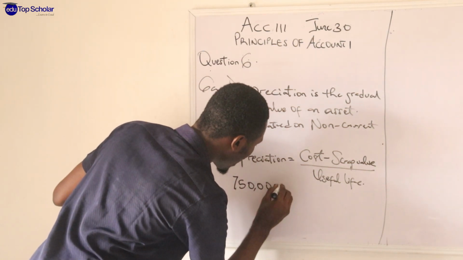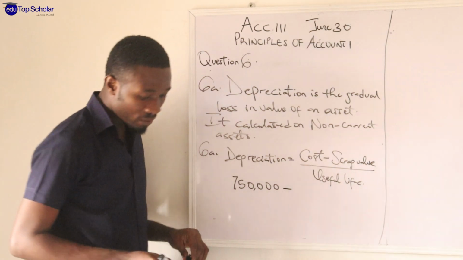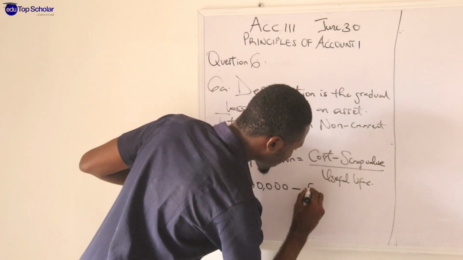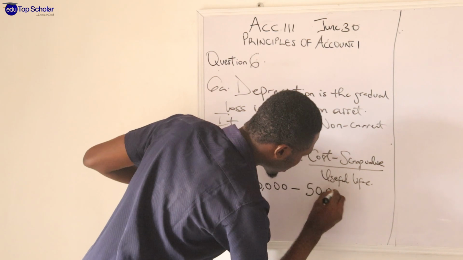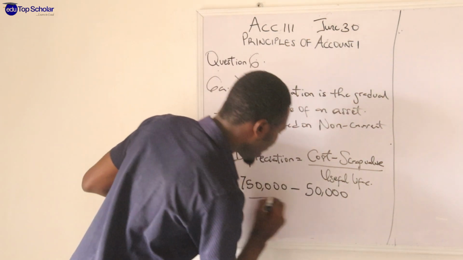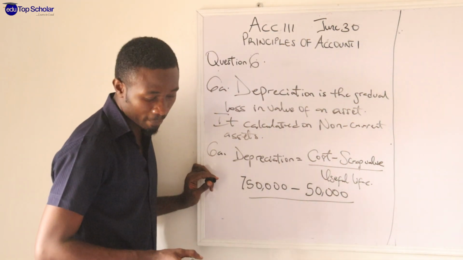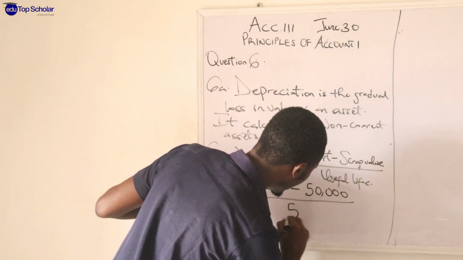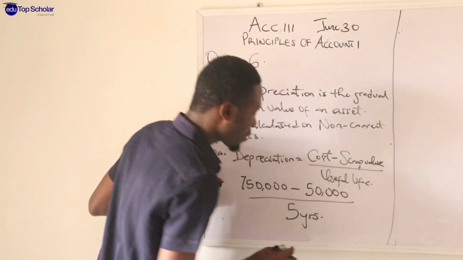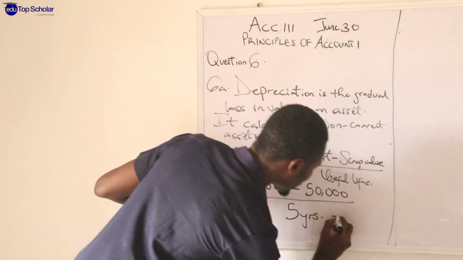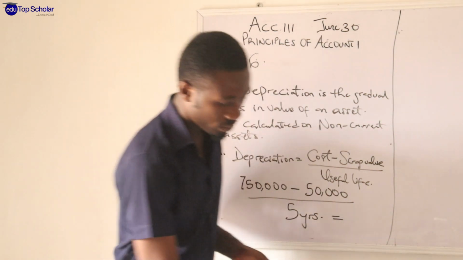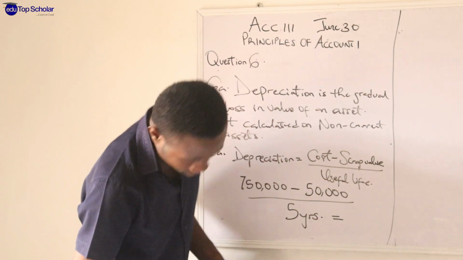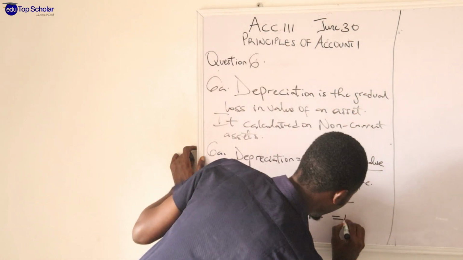So we are using this formula, minus, they've given us the scrap value also, that's the residual value, as 50,000 naira, and then divided by the estimated useful life. They've given us 5 years. So if you do your calculation, you should get 140,000 naira.